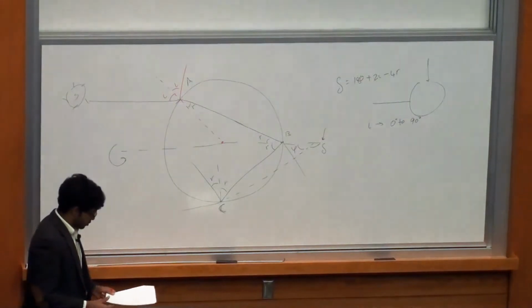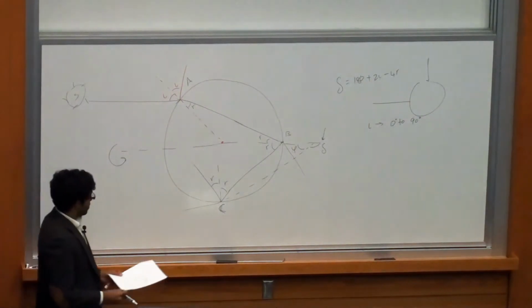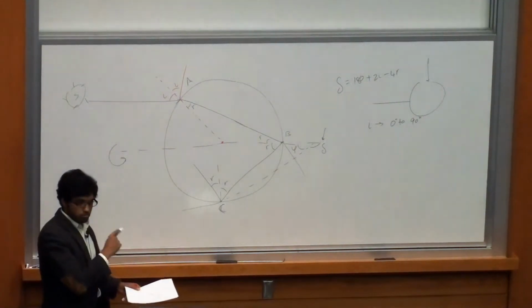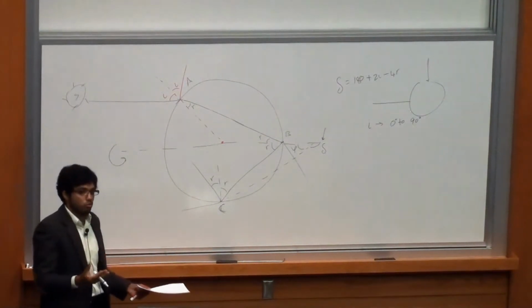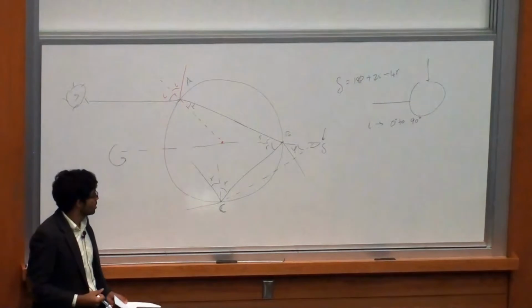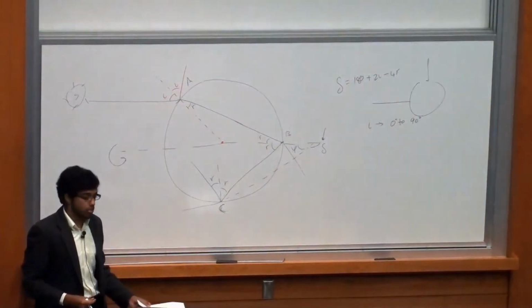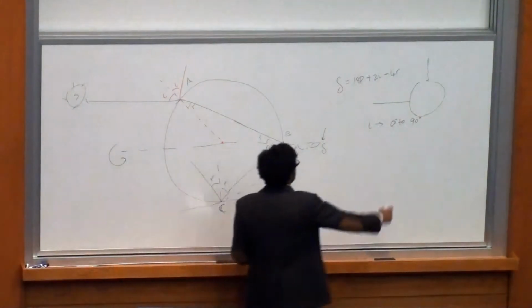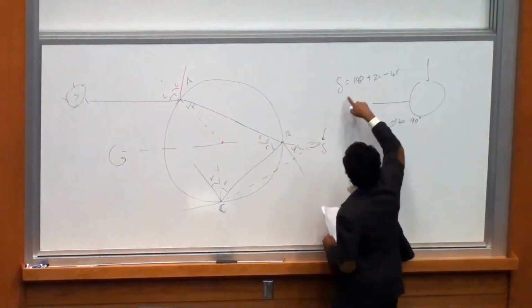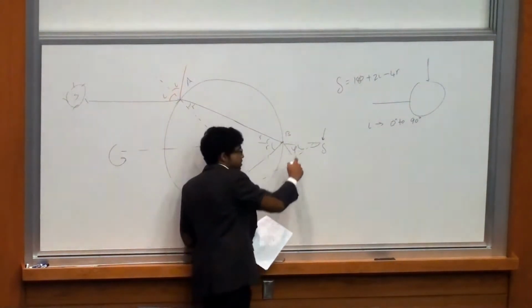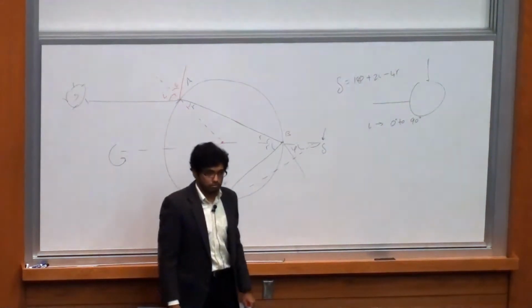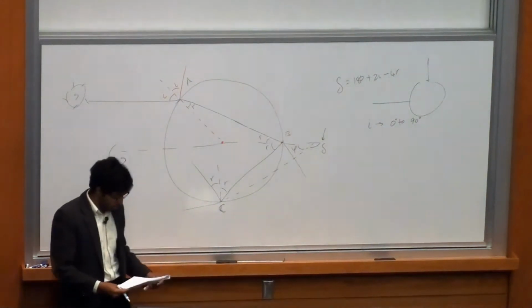So I know the index of refraction for water. So once I know I, from measuring it, or basically if I know the sun's in a certain direction, I'll know what the angle of incidence is. So I'll know what the angle of refraction is. So once I know R, I can calculate what delta is. And if I know what delta is, phi is just 180 minus delta. Right? So I'll know basically all the angles over there.